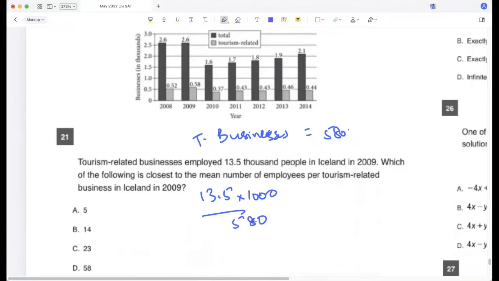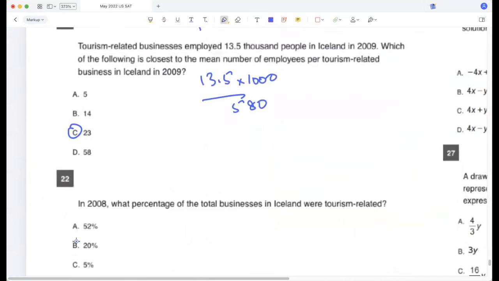So let's plug that in. 13,500 divided by 580 comes to 23.3. So 23 is the closest.